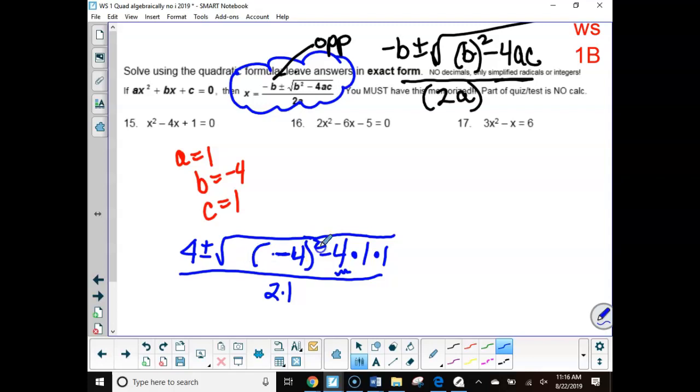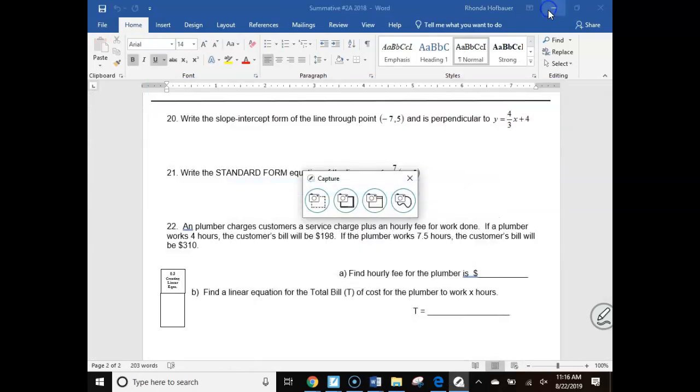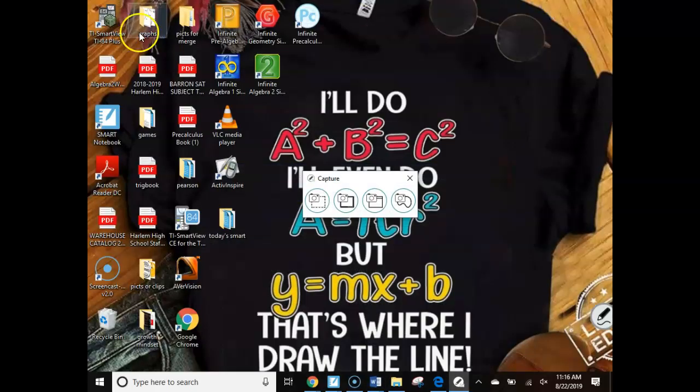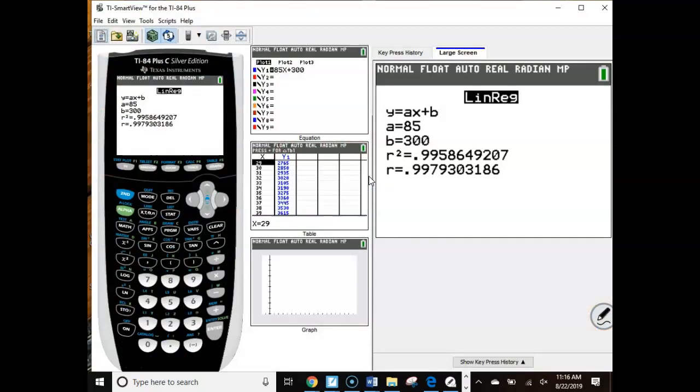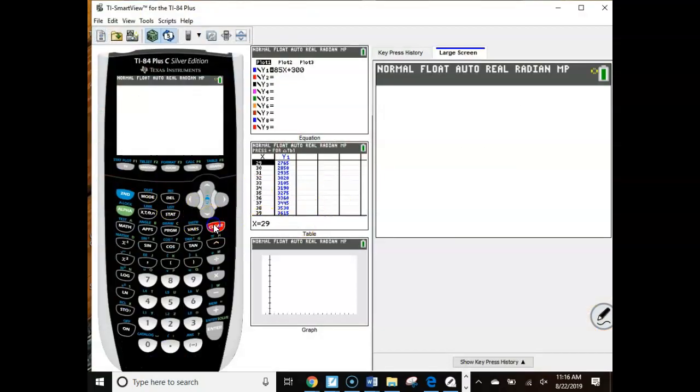I'm sorry, there's a big gap in there. It's just my pen. So I have 4 plus or minus. Can you type that in? My emulator is still not working. Let's see if I can use this old one and it works. Was it -4 squared? If you don't want to use a bunch of parentheses, it's all good.